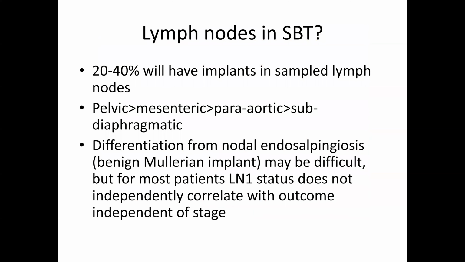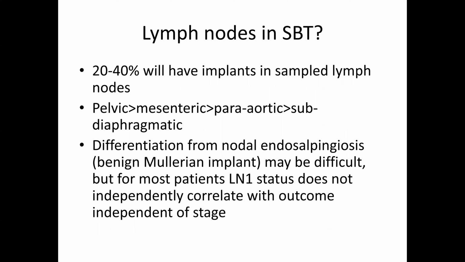So what do we do about lymph nodes in borderline tumors? Well, the truth is that a fair number of borderline tumors have lymph node metastases, or at least have lymph node implants. Most commonly in the pelvic, but can be seen in mesenteric, peri-aortic, and even subdiaphragmatic nodes.